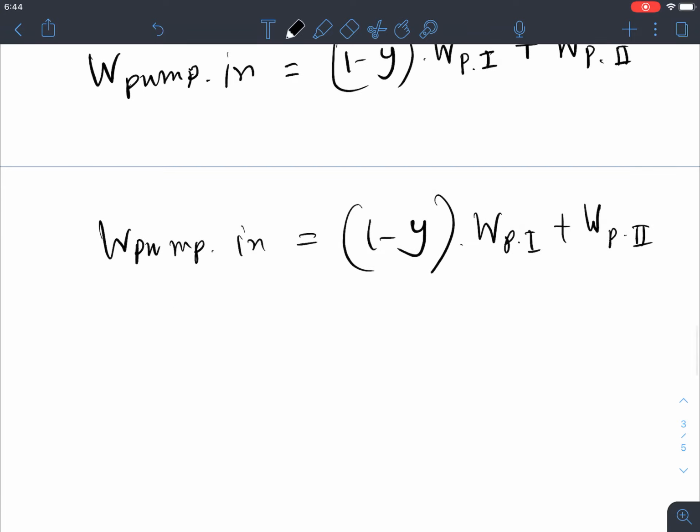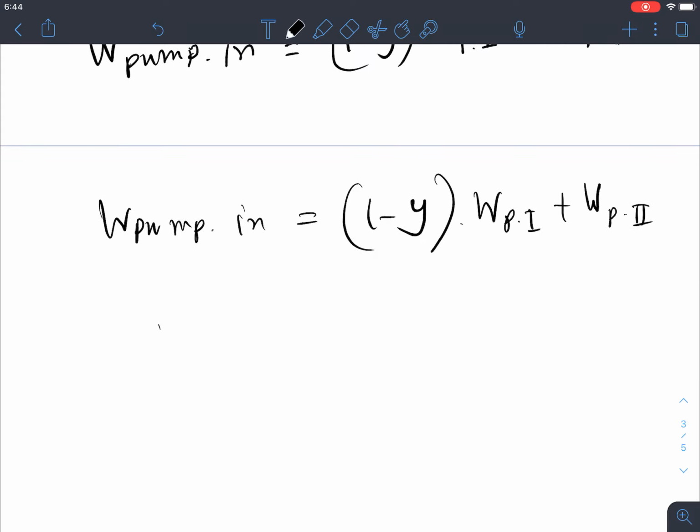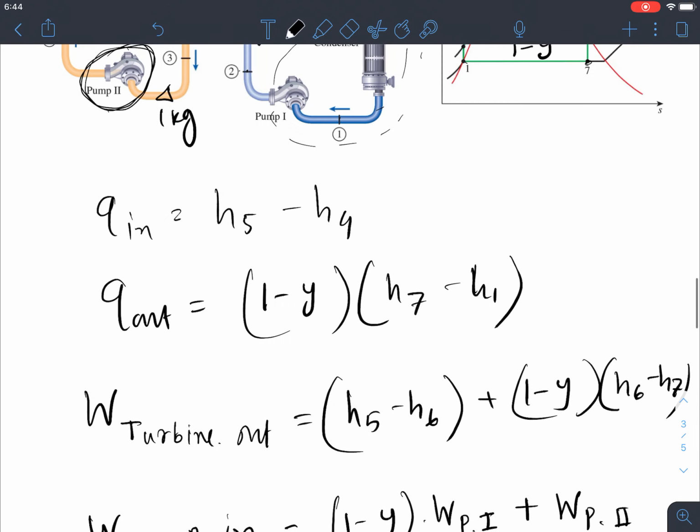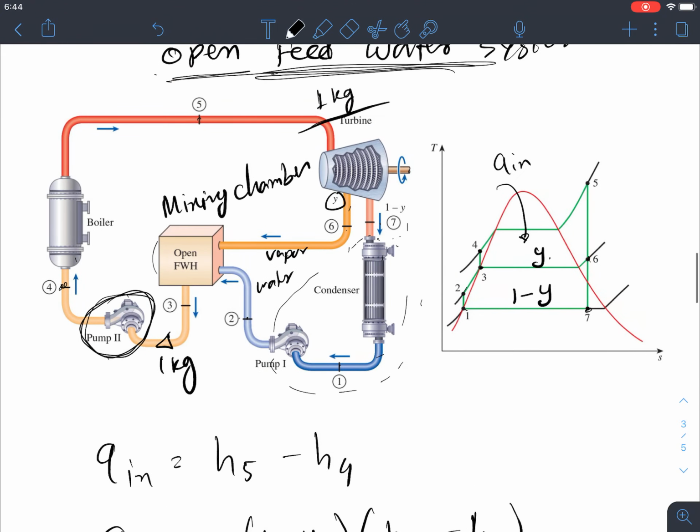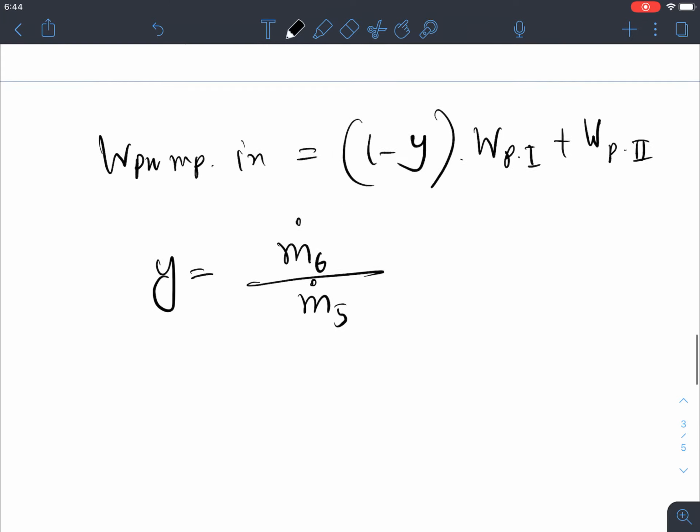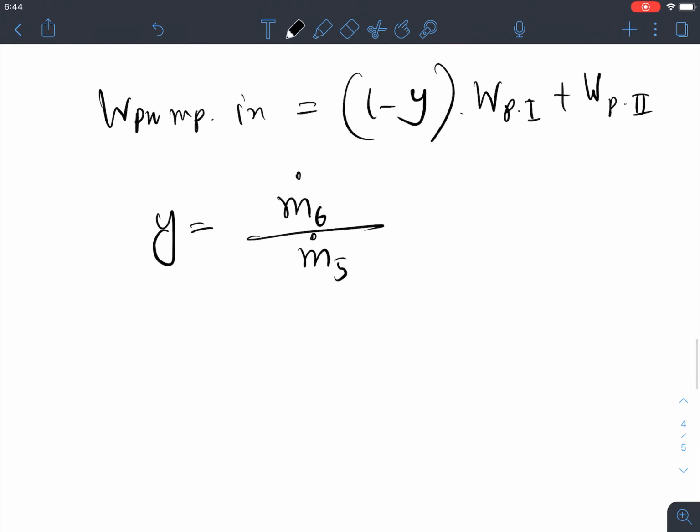So now we have to determine the fraction of that steam. The fraction of the steam y equals m6 divided by m5, right? The fraction of that vapor divided by the whole amount.